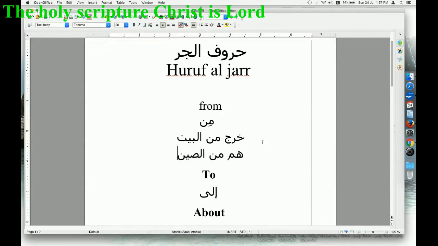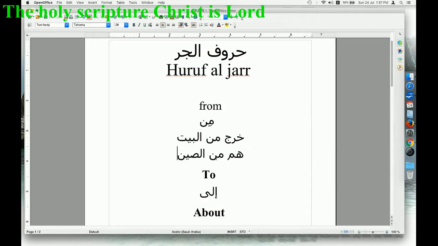Sin, China. هم من الصين, they are from China. As simple as that. You can come up with anything you imagine to use this min. So min we use in order to tell where from.